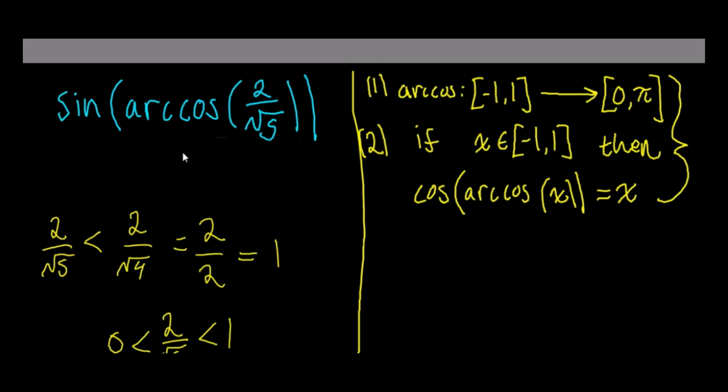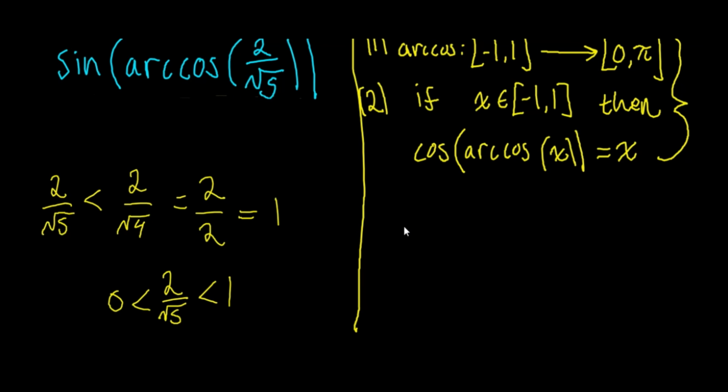So how are we going to rewrite sine of arc cosine of 2 over the square root of 5 as an expression that is in terms of cosine of arc cosine of 2 over the square root of 5? Well, we can use the Pythagorean identity. Check this out. This is our third fact that will come in handy. Cosine squared of theta plus sine squared of theta is equal to 1 for any angle theta.